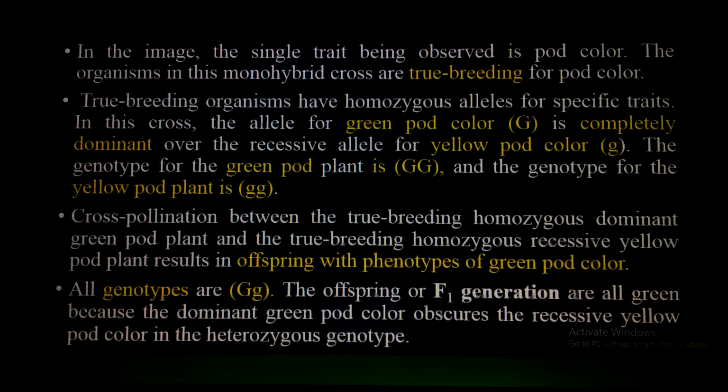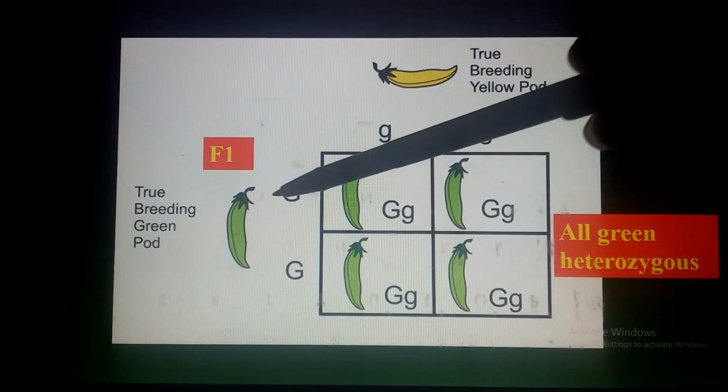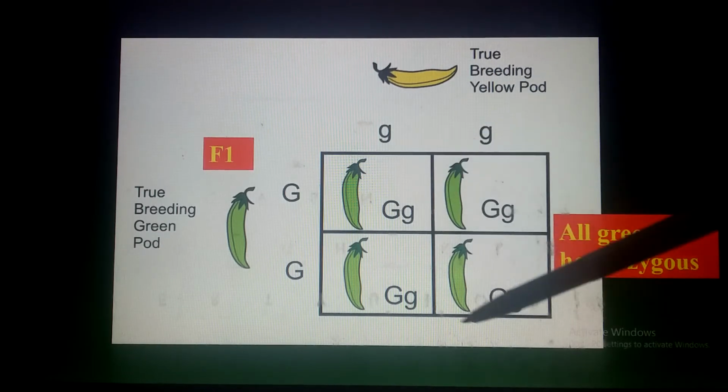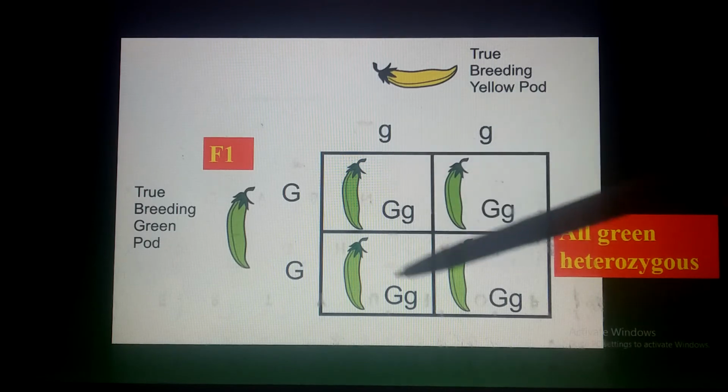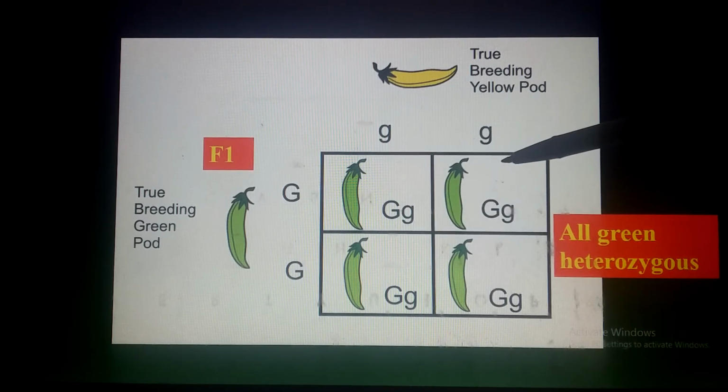Is it clear? Okay. Now you can see here, this is the true breeding green crossed with the true breeding yellow. All the offspring in the F1 generation will be green in color, phenotypically green, but genotypically they are heterozygous.